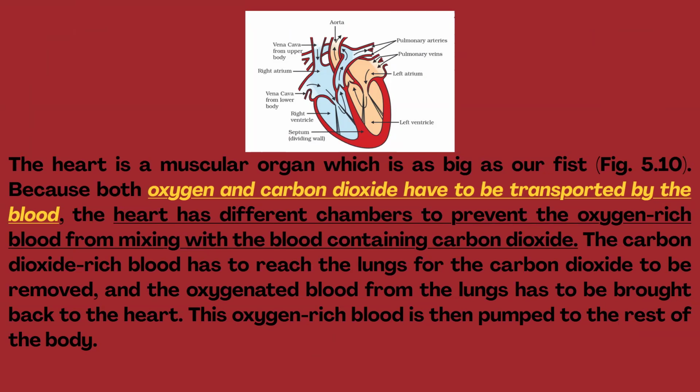The heart has different chambers to prevent oxygen-rich blood from mixing with blood containing carbon dioxide. In our body, there is blood with a higher percentage of oxygen, and blood with a higher percentage of carbon dioxide. Are these two kinds of blood together in one place?